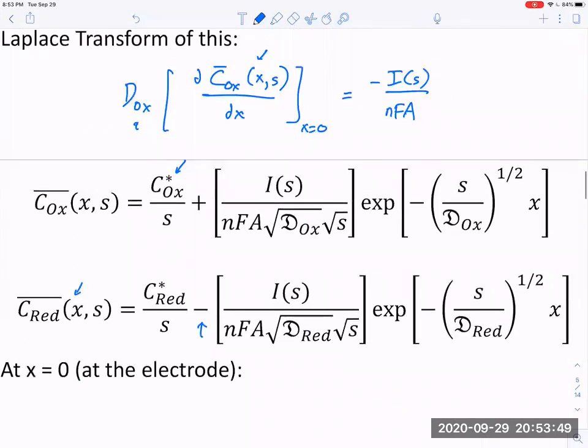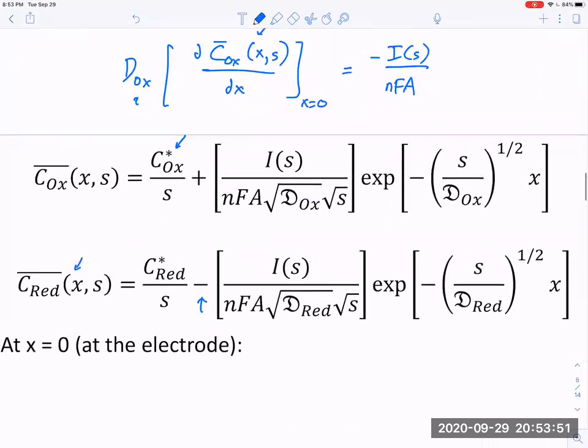Okay, so we have this, and we know that at x equals 0, at the electrode surface, this exponential term will go to just 1, for both of these.